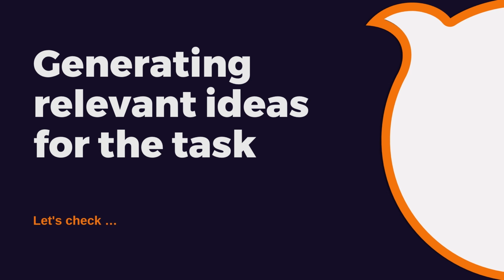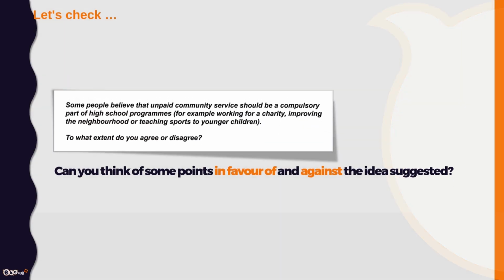Even if it's not a real life opinion, it is okay to choose an opinion which you can write about in the task, because we only have 40 minutes and we have to give at least 250 words minimum for our essay. So let's check how we generate relevant ideas for the task.